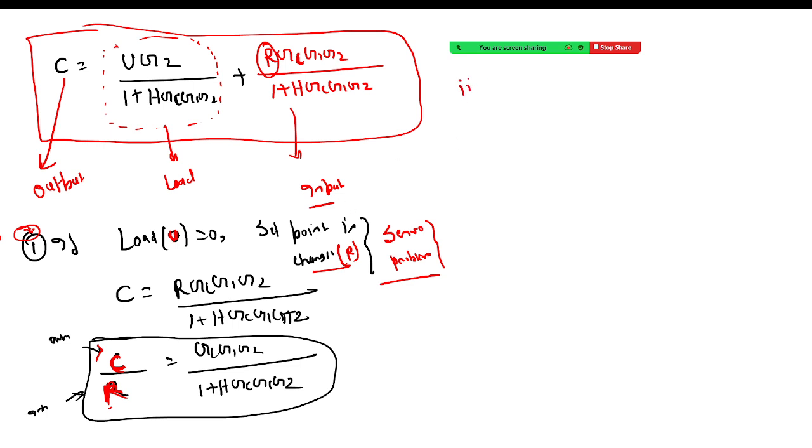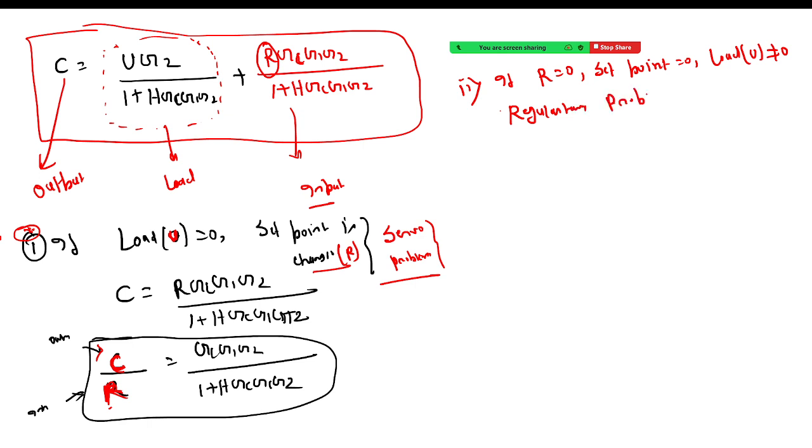Now if I talk about the second case, if your R is 0, that means your set point is equal to 0, meaning load U is not equal to 0, this kind of problem is called the regulatory problem.